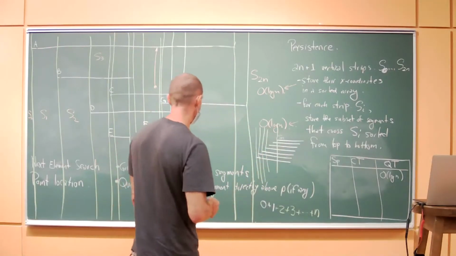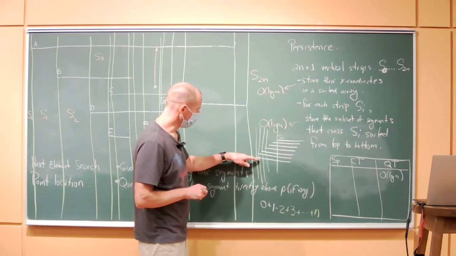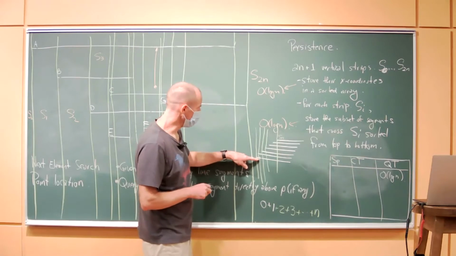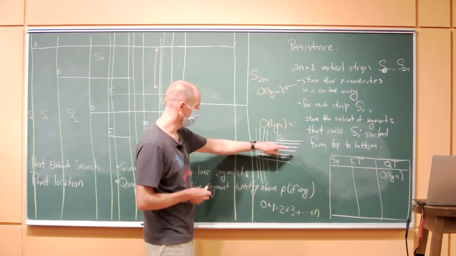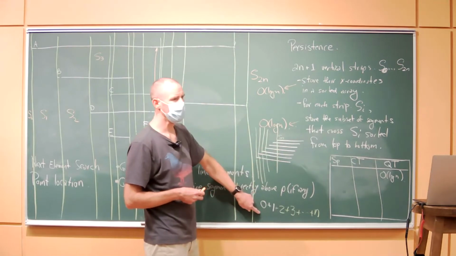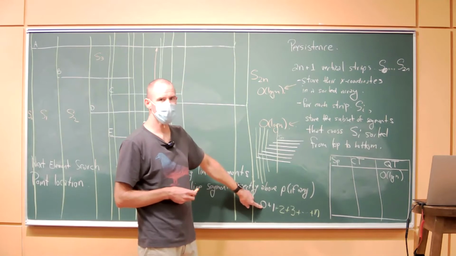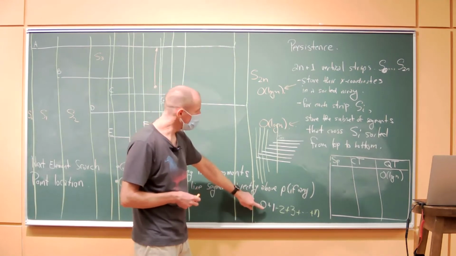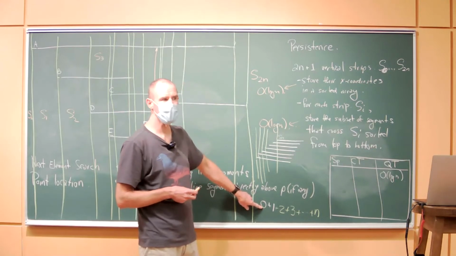And if all I'm going to do is store those things, each one is going to be, let's say, in an array of size 1, an array of size 2, an array of size 3, 4, and so on. Well, if I add all that up, this works out to n times n plus 1 over 2. The exact number is not important. The important thing is that there's an n times n in there.